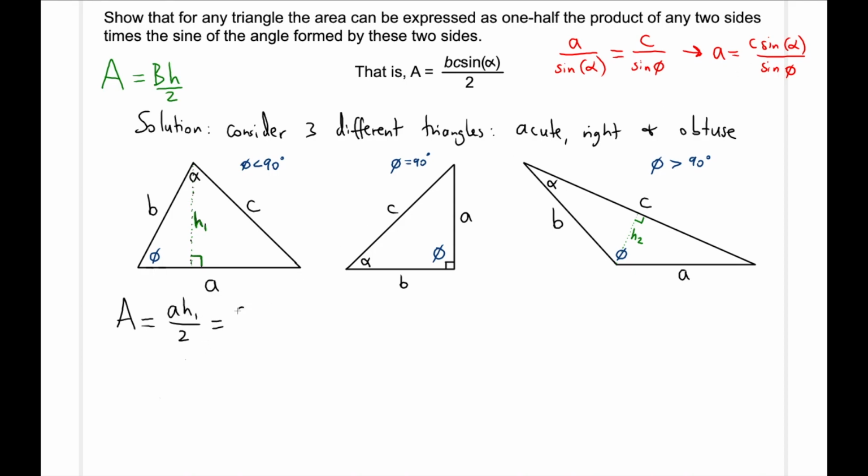A is going to be C sine alpha times H1 divided by 2, and also sine phi, let's not forget that. So I'm going to write 2 sine phi. Okay, so now we're getting closer. We already see sine alpha right there. We already see the C, but we're missing the B, and we need to get rid of the sine phi there. Now, how do we get rid of sine phi?